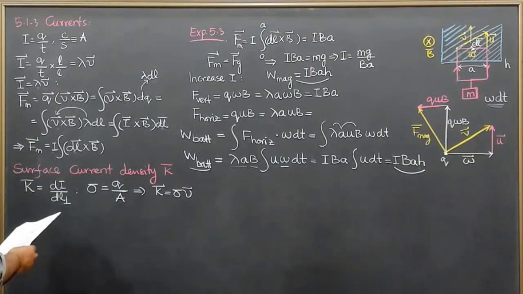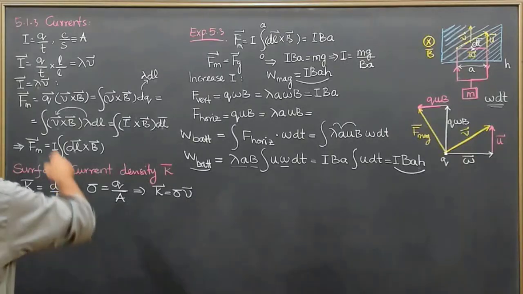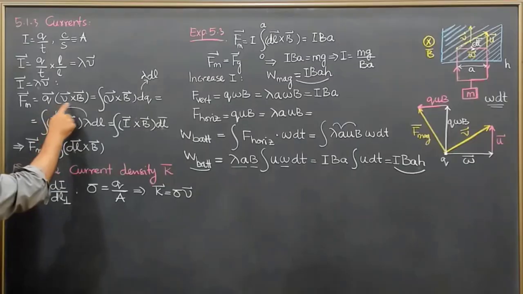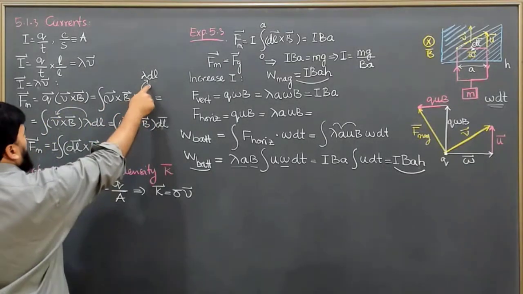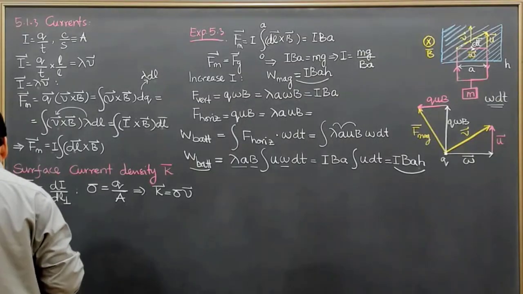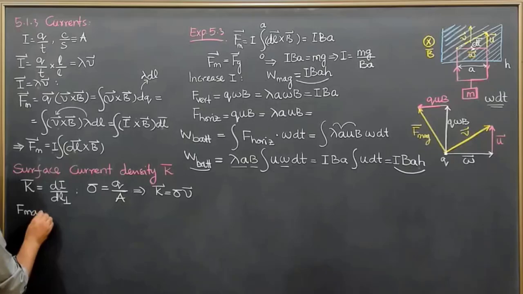So I can write K equal to sigma v, and I can do the same practice here. So this is qv cross B, and for dq I will write lambda dl. So accordingly, if I write sigma v for this, then I can write the magnetic force.